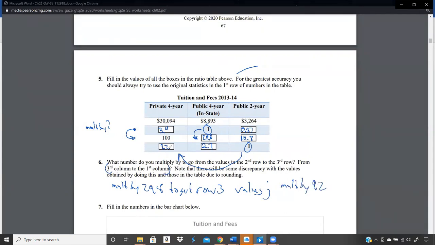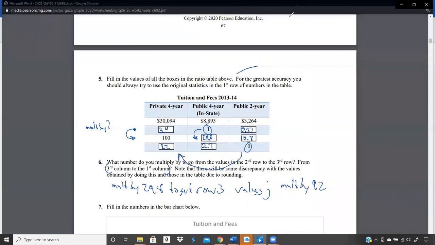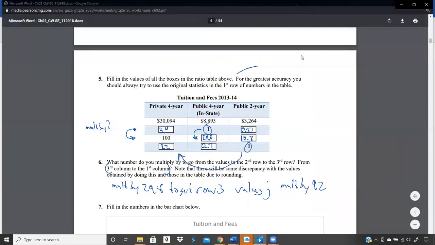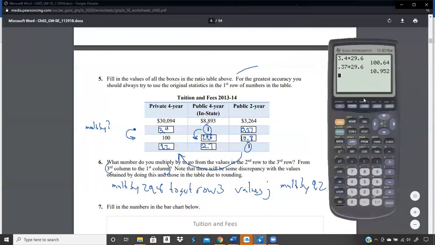So to have gotten the 3.4 or the 100, if that was a blank, you can just multiply anything in the third column by 9.2 to get the first column. Don't trust me? Oh, I know why I kept accidentally coming back to annotate.